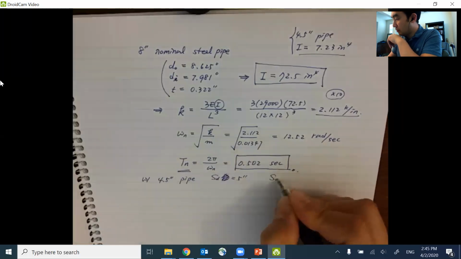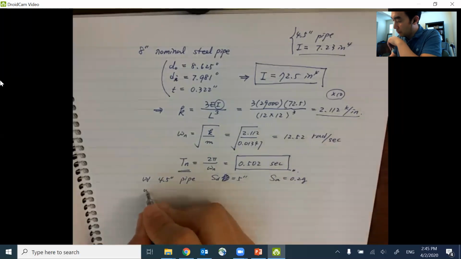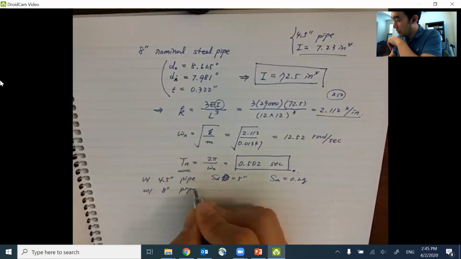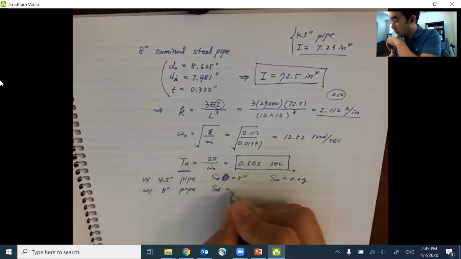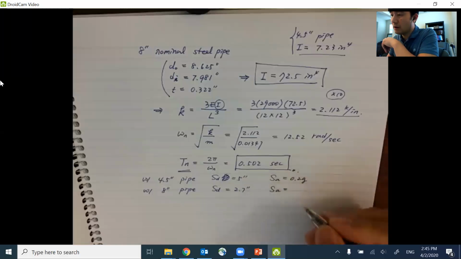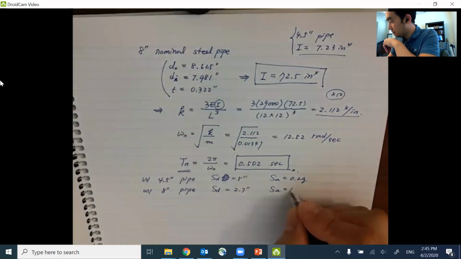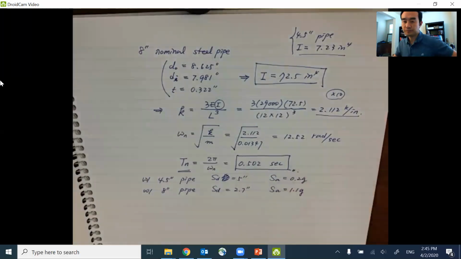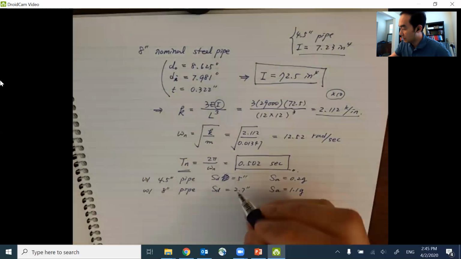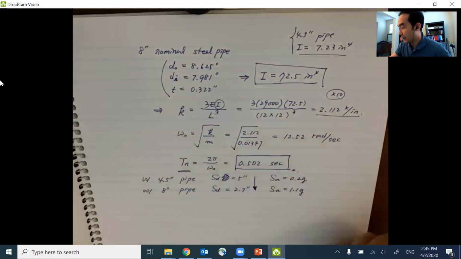And SA was 0.2 in G. Now, we changed to the 8-inch pipe. SD was 2.7 inches, and SA is now equal to 1.1 in G. Okay, so as you can see, we reduced the maximum peak deformation, which is good, right?